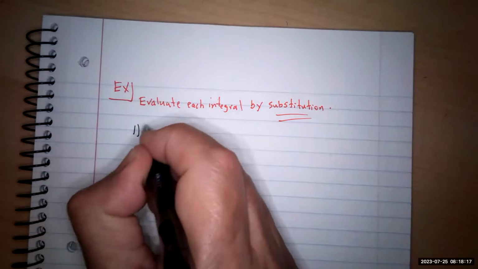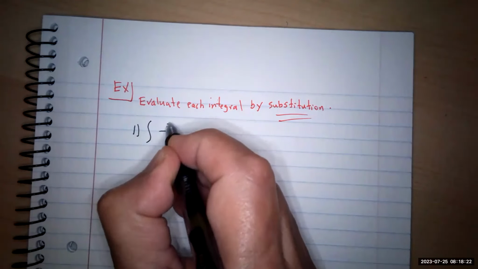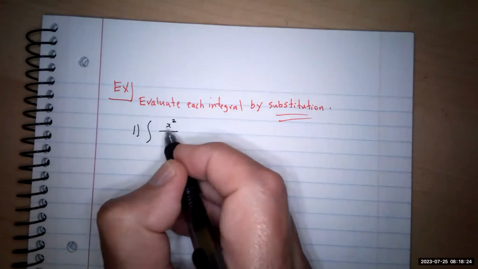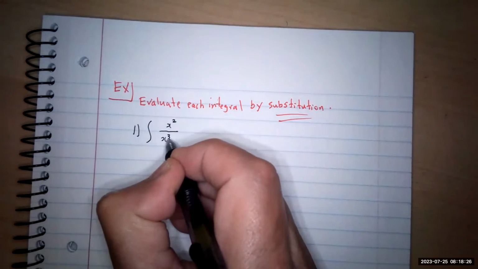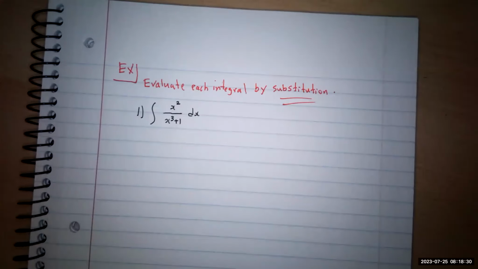The first one is you want to find the integral of x squared over x cubed plus 1 dx. You see it's a quotient function, as we know it now.